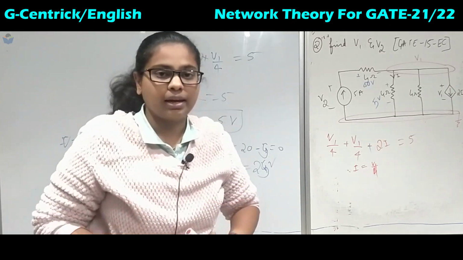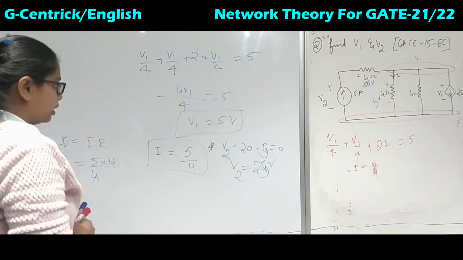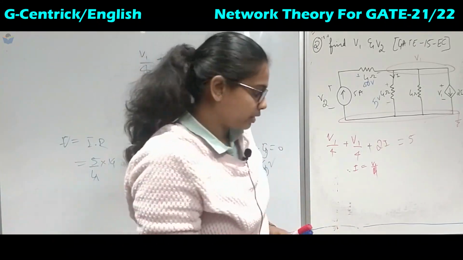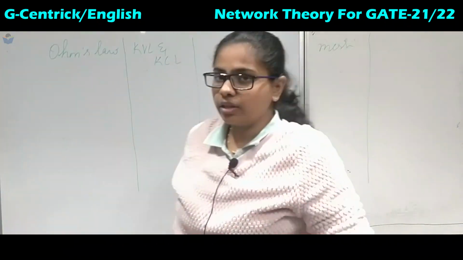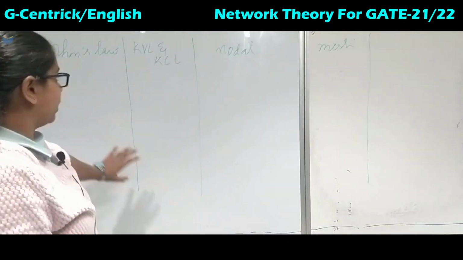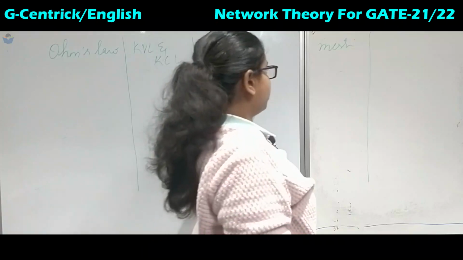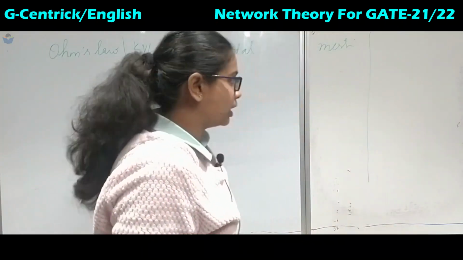Now we will see a comparative study of what we have learnt in the basic solving techniques and advanced solving techniques. In the basic techniques we have learnt Ohm's law, KVL and KCL, and in the advanced techniques we have learnt nodal and mesh analysis.